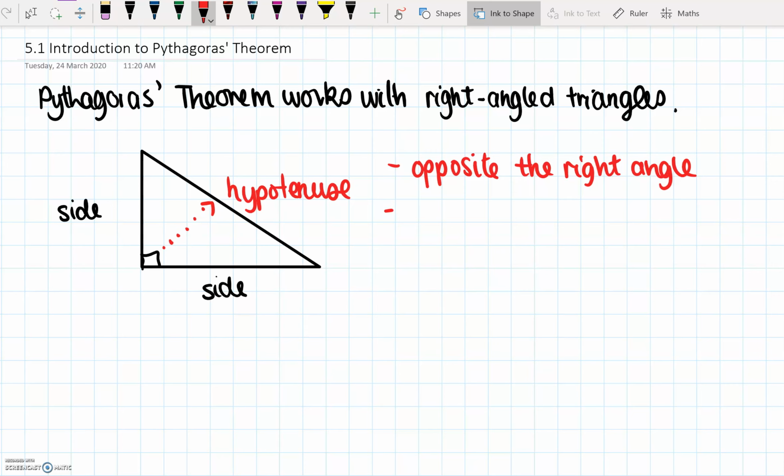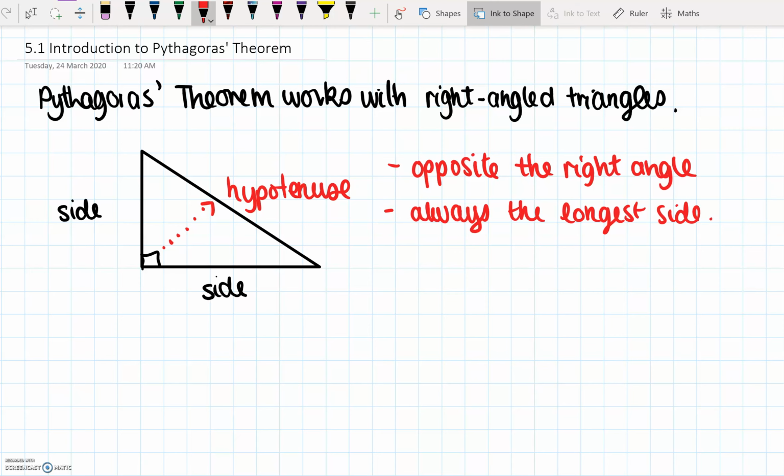And the second property is that it is always the longest side. Okay, and that makes sense because that 90-degree angle that we have down here is directly opposite the hypotenuse. So it's opening the triangle up as far as it possibly can. Okay, that makes the side longer. All right, so as I said, Pythagoras' theorem works with these right-angled triangles.